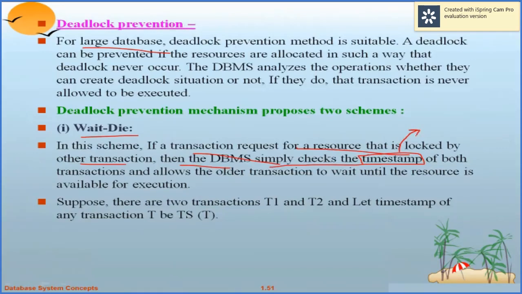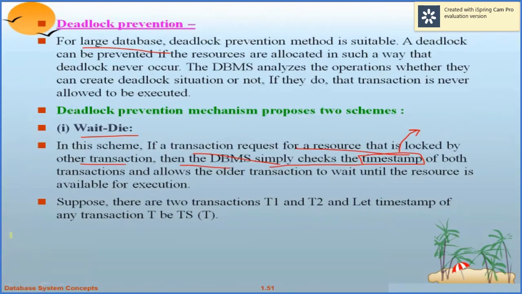These timestamp values guide you in deciding which transaction has to be processed and which should be avoided. I spoke about two friends, right? There's a parent-like figure who came and decided who should talk and who should stop talking. The same applies here.